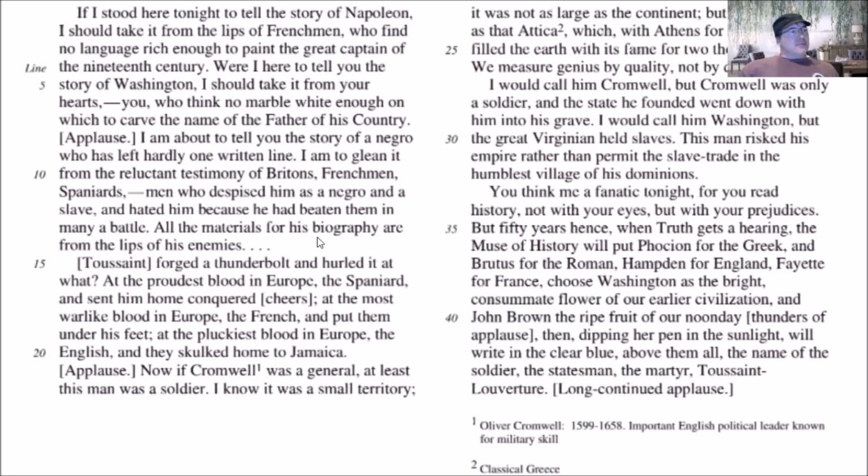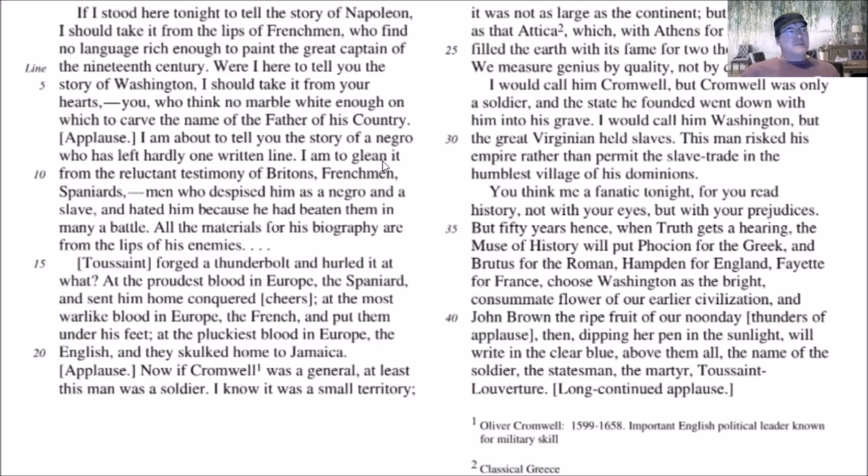Some of the devices you can talk about in terms of creating that patriotic appeal: the white marble, you've got a lot of imagery going on here, rich enough to paint the great captain. You have synecdoche, the lips of the Frenchman. You have anaphora, "I am to glean."